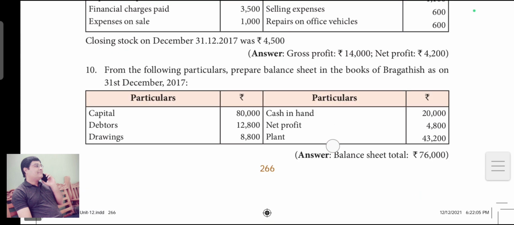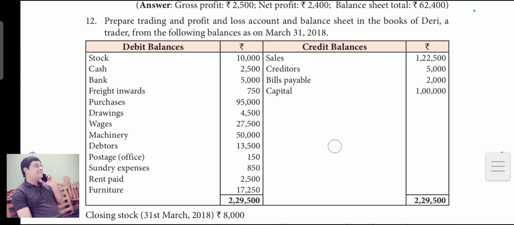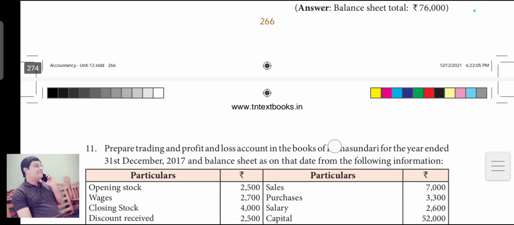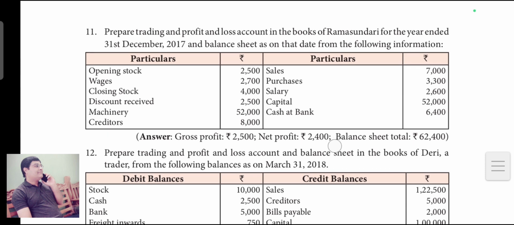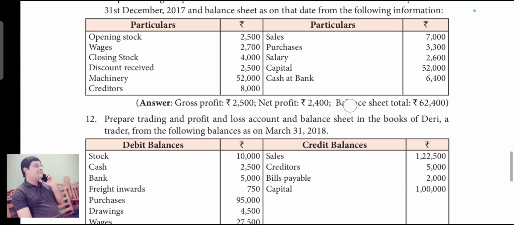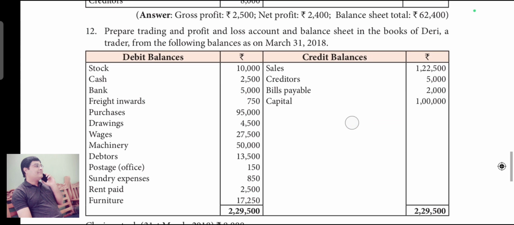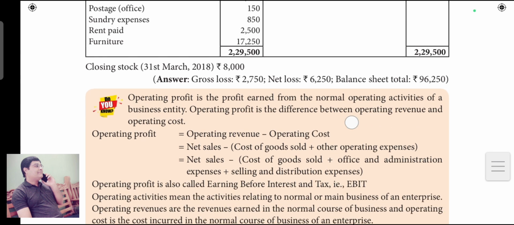Then the sum number 11 and 12 for 5 marks. Any one sum will come for 5 marks. 11 and 12 in this chapter.